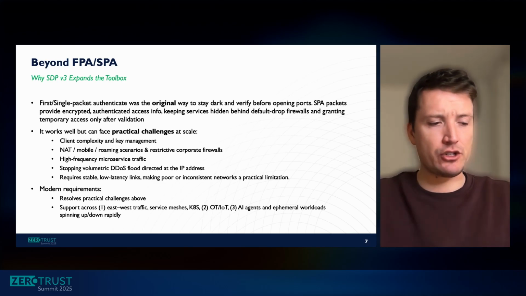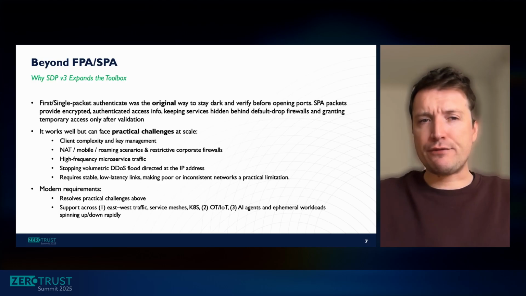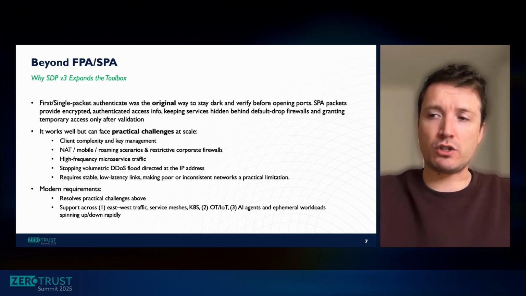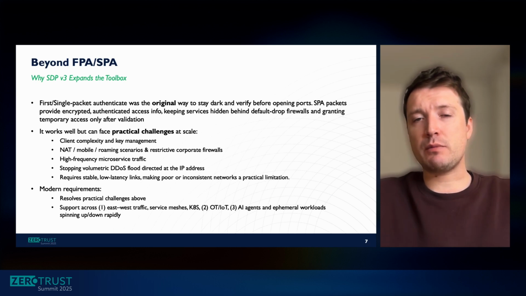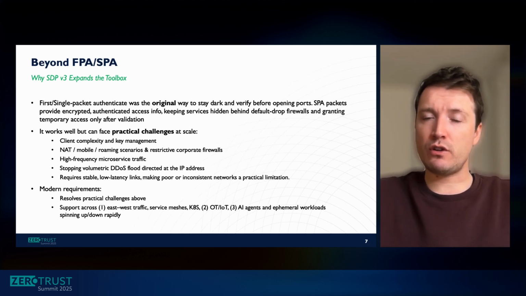The previous iterations, V1, V2, really focused a lot around what's called single packet authenticate and first packet authenticate. And they were some of the original ways which were explored to do software-defined perimeters.